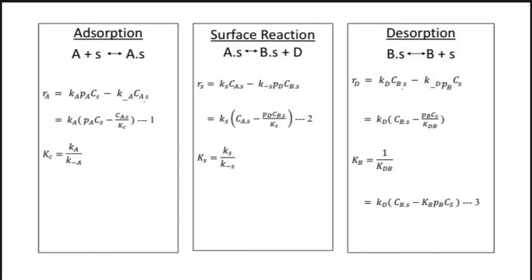In adsorption and surface reaction, capital K stands for the equilibrium constant for the specific species. Since the concentration of A at the active site and the concentration of B at the active site cannot be measured, we have to replace them with variables that can be measured, such as the partial pressure of A and the partial pressure of B.